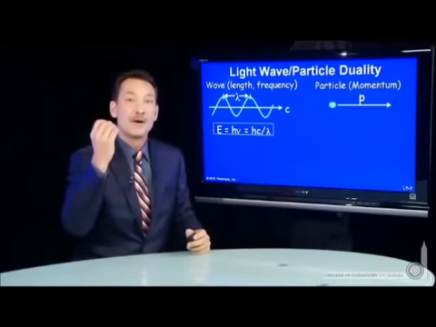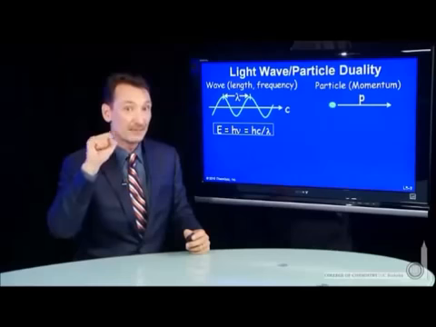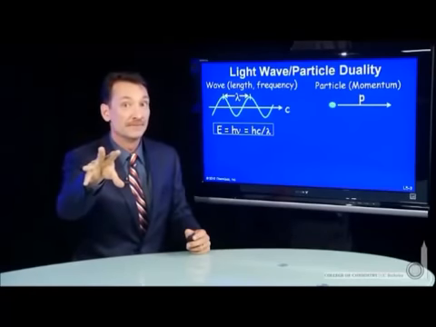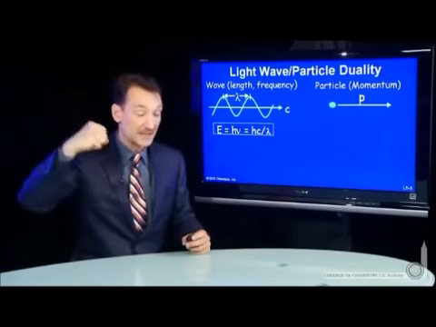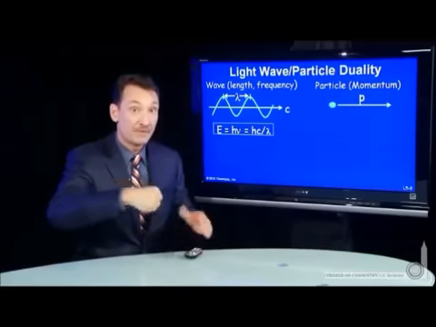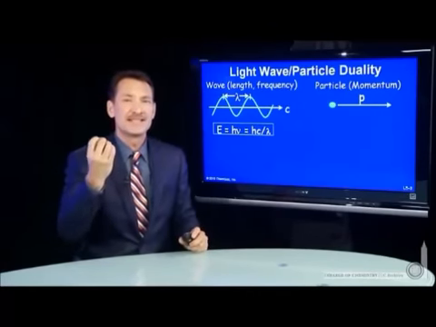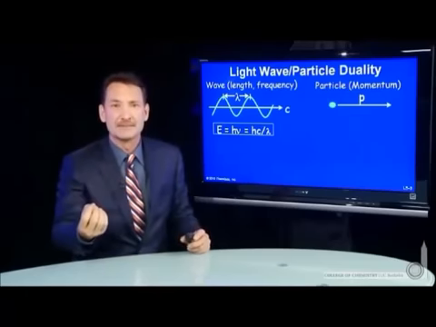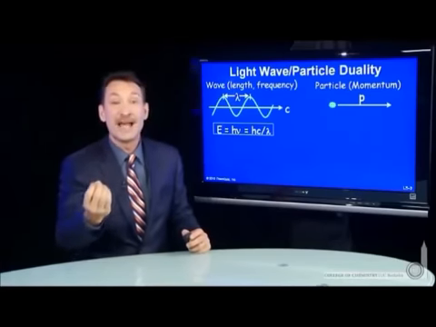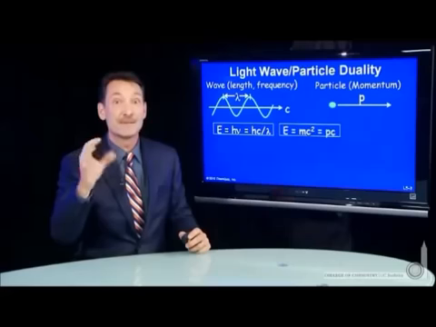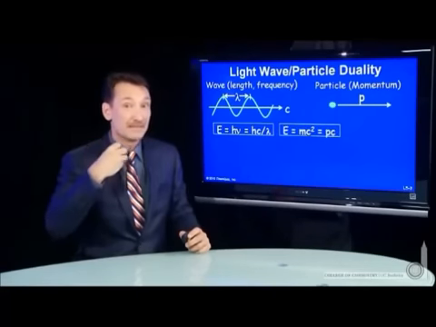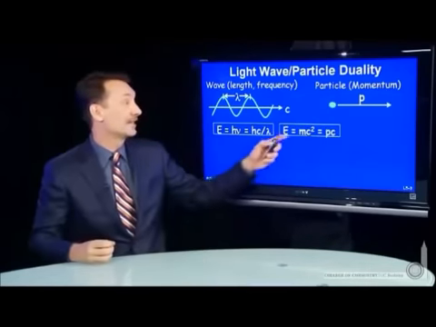Now, the light particle that we call a photon has a momentum. We've seen it can transfer momentum from the photon to the electron, but the momentum we often associate with mass. But the photon has no mass. The photon is a particle, and it's massless, moving at the speed of light.